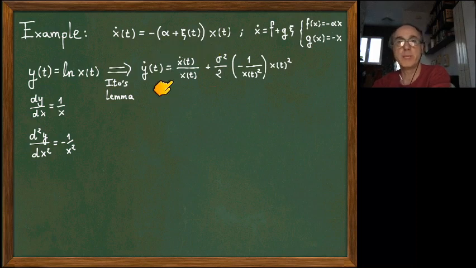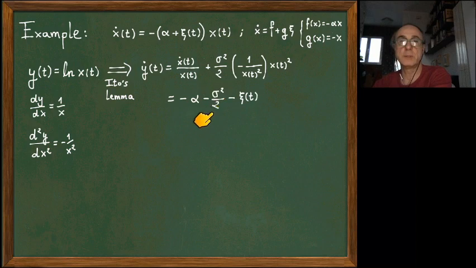So now we replace x dot by the original equation, and then there is an x which cancels with this x, and here x squared cancels with x squared, so we get minus alpha minus sigma squared divided by 2. And then in x dot there is also the noise, which is multiplied by x but cancels with this x, so we have minus the noise. So this is the equation for y, and this term is the Ito term, so it is due to Ito.